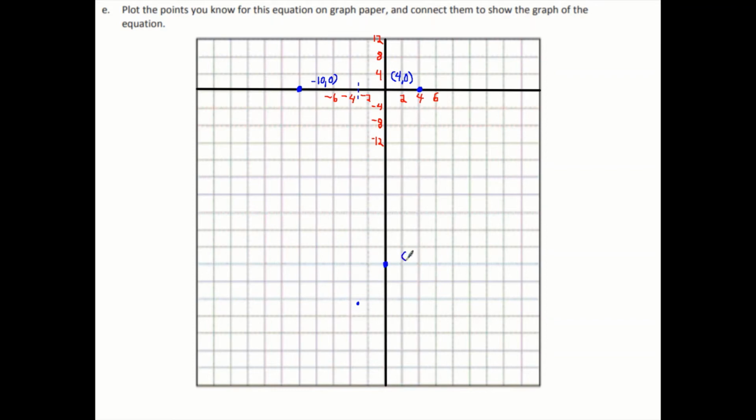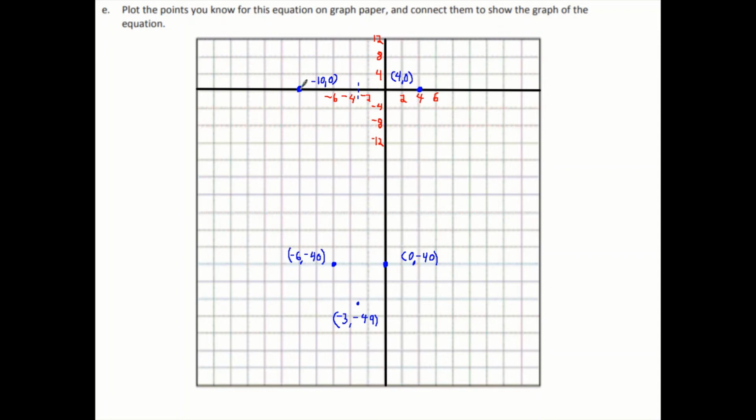So this point right here is at 0, negative 40. And I'm going to make sure that I don't forget to label this one. This one's at negative 3, negative 49. And then the last point that we have is our symmetrical point over here at negative 6, negative 40.